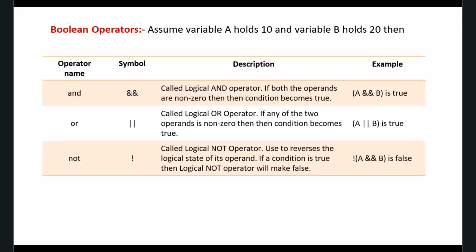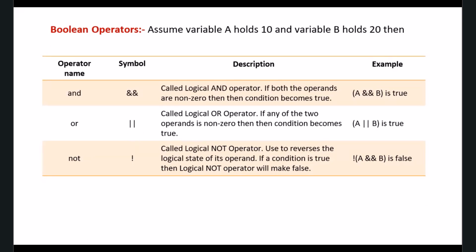Now the Boolean operators, again assume A holds 10 and B holds 20. Then the AND operator, we are using the ampersand symbol here, called the logical AND operator. If both the operands are non-zero, then the condition becomes true. So A ampersand B is true. The OR operator, this is the symbol of the OR operator, called the logical OR operator.